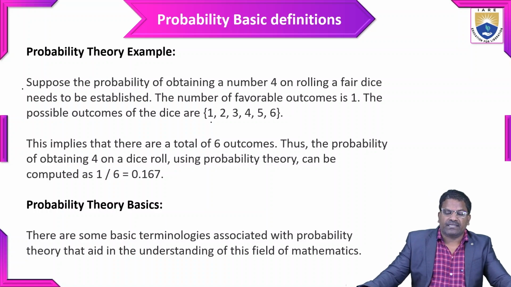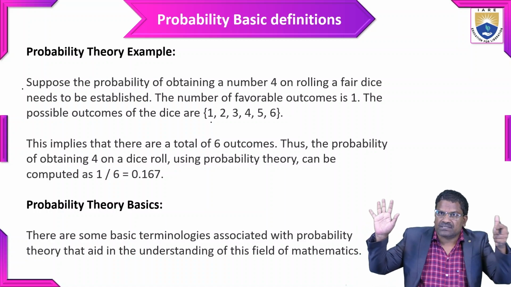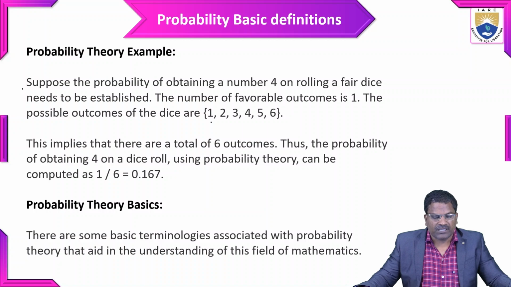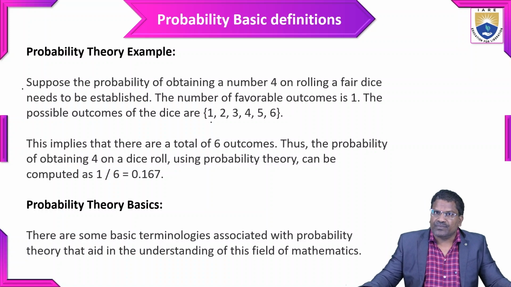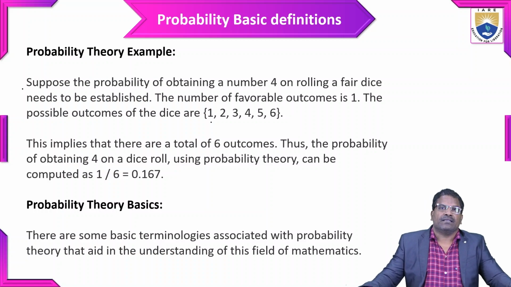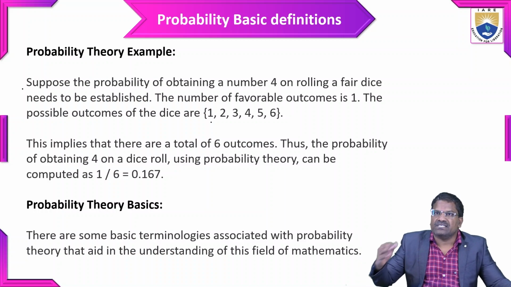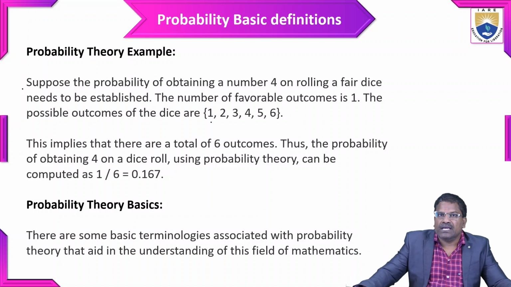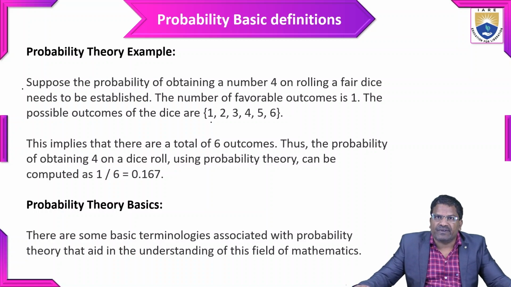This implies that there are a total of 6 outcomes. Thus, the probability of obtaining 4 on a dice roll can be computed as the number of possible events, 1, divided by the total number of events, 6. Numerically we can simplify it: it is 0.167.